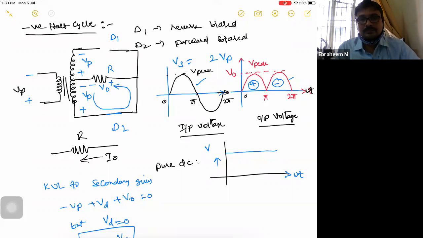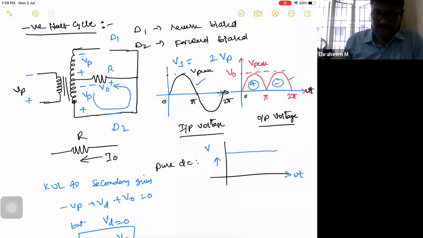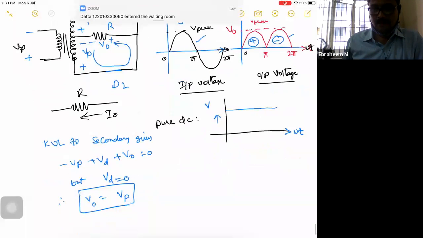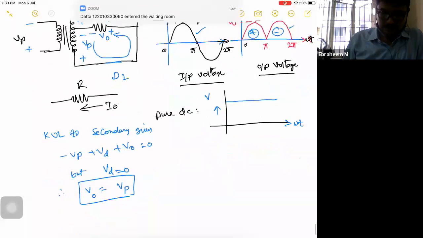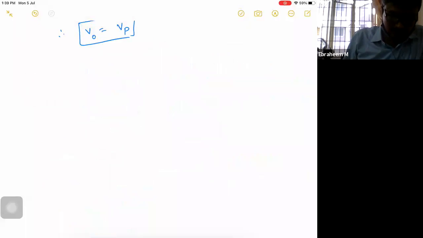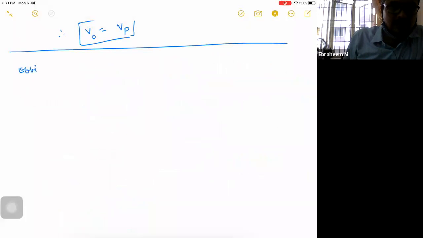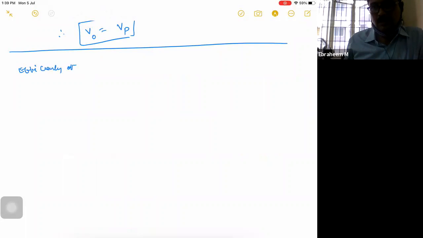So next we will see the efficiency of a full wave rectifier.